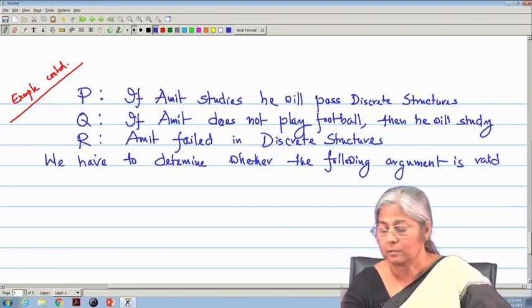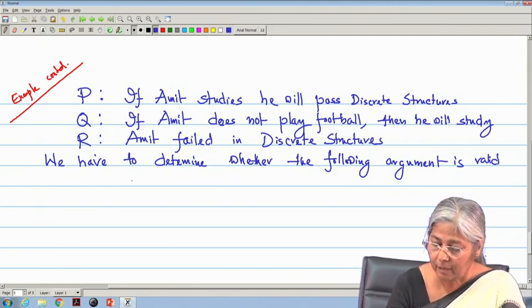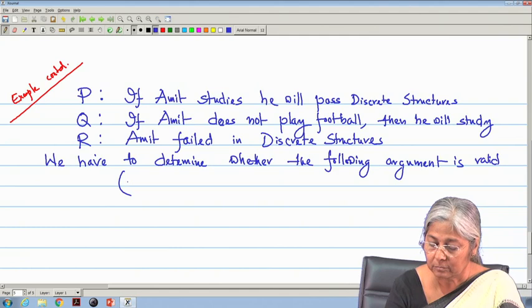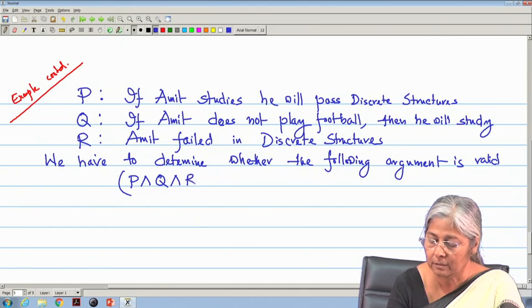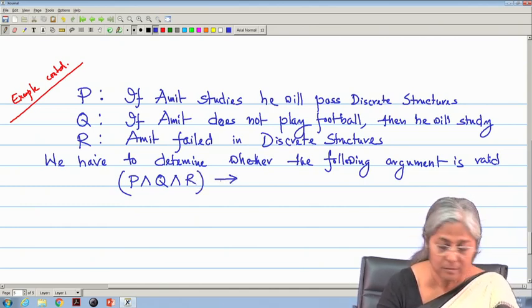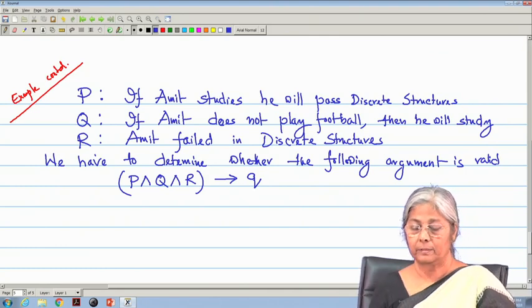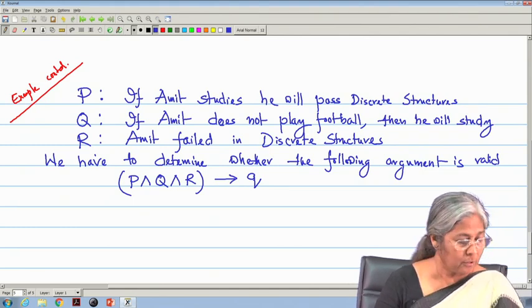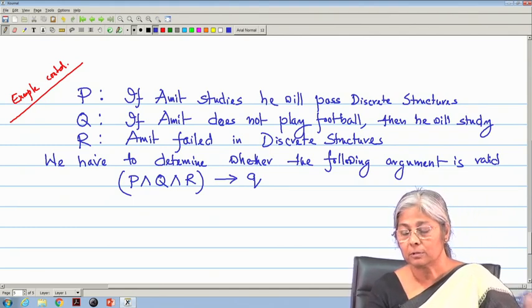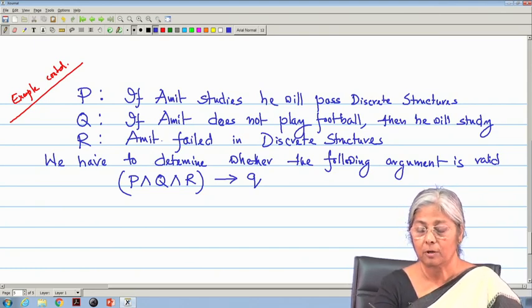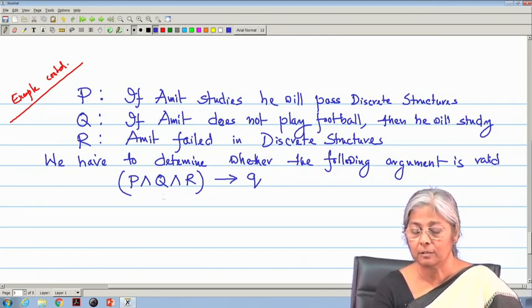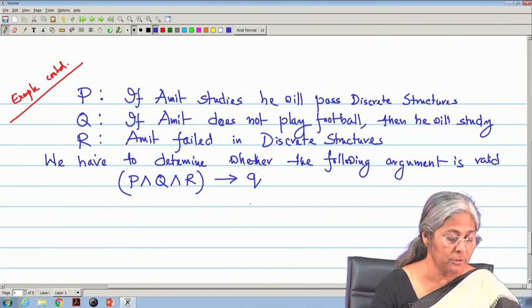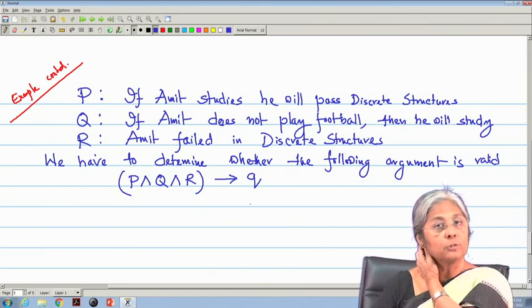That means the argument we write in conventional form: P and Q and R implies small q. These are compound propositions connected with the logical connective conjunction, which implies q, and q is Amit plays football. So, we have to check this.